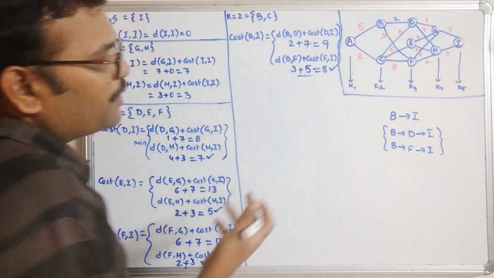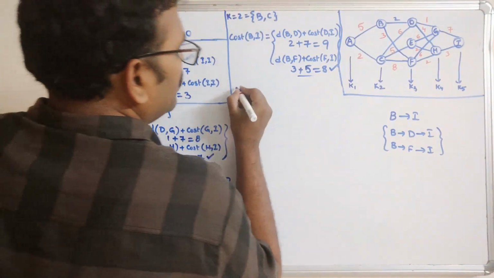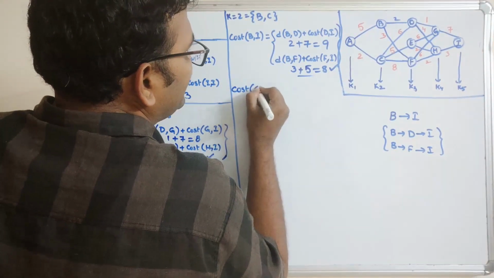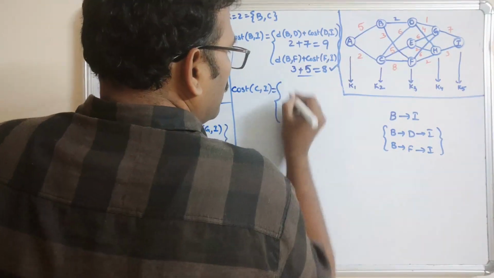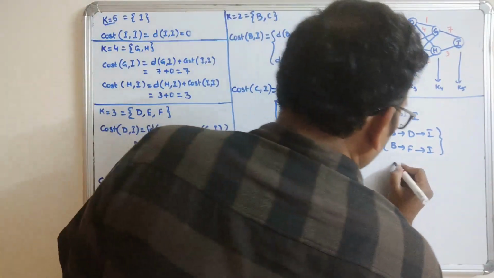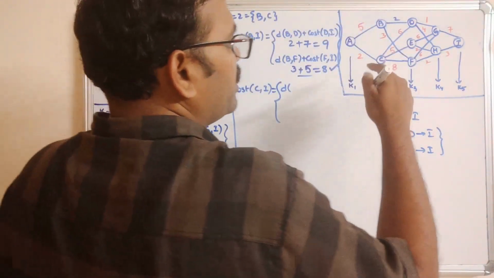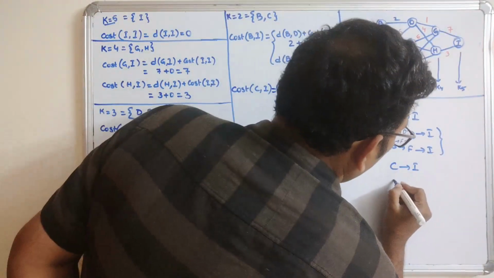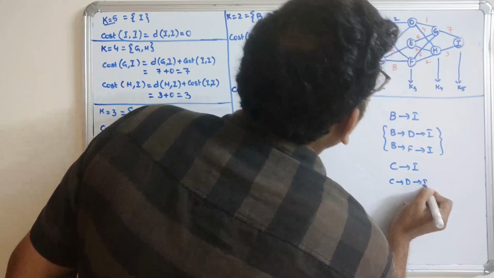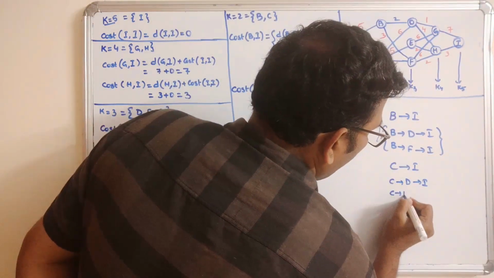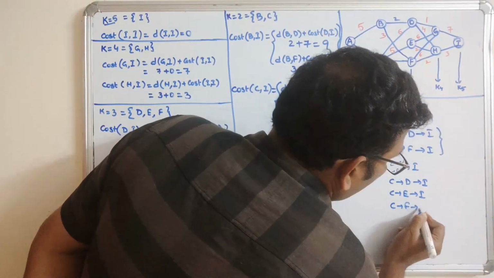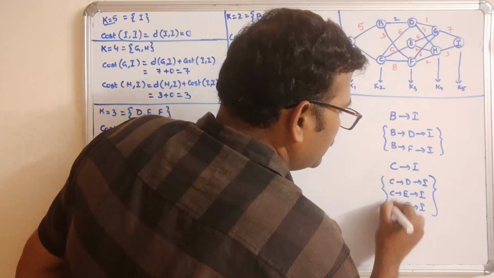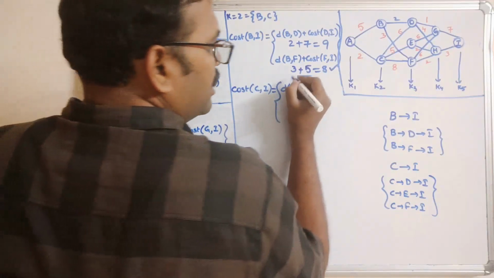Any other vertex in stage 2? Yes, C. Now find out the cost from C to I. Any other possibilities you can check: C to D and D to I, C to E and E to I, C to F and F to I. So there are 3 possibilities here, and we need to check all of them.